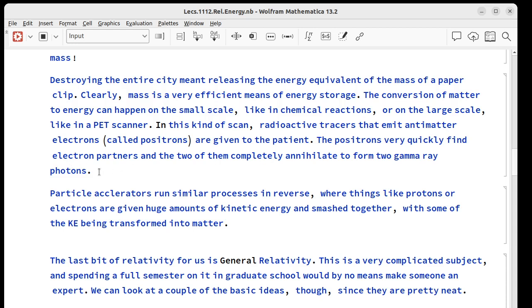When they're emitted, these positrons find electron partners and they completely annihilate and form two gamma ray photons. Big particle accelerators, like you see in the news every so often, like the LHC over in Europe, run that kind of process in reverse, where you dump a lot of energy into something and you have it create matter in the collision.